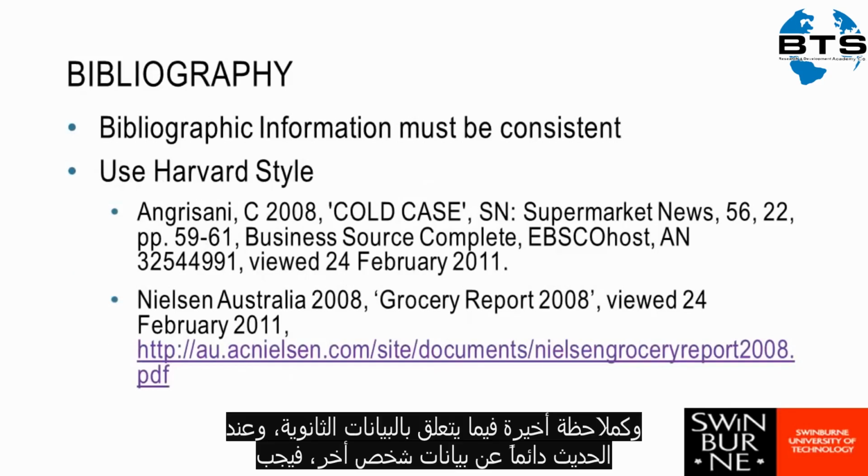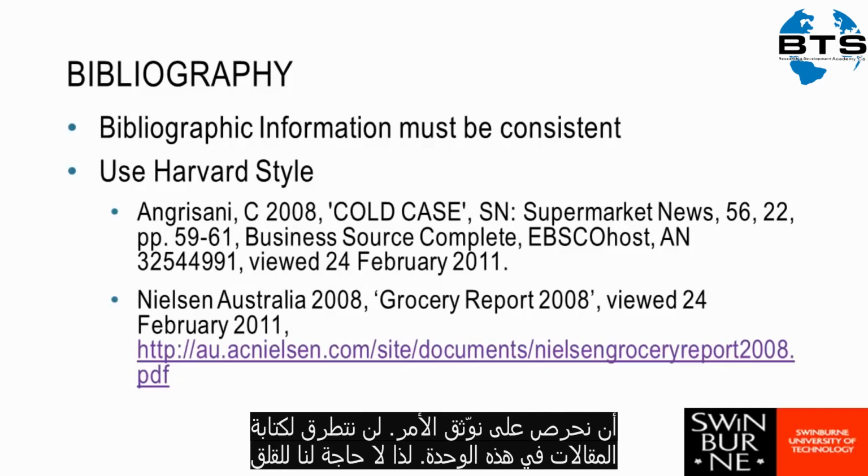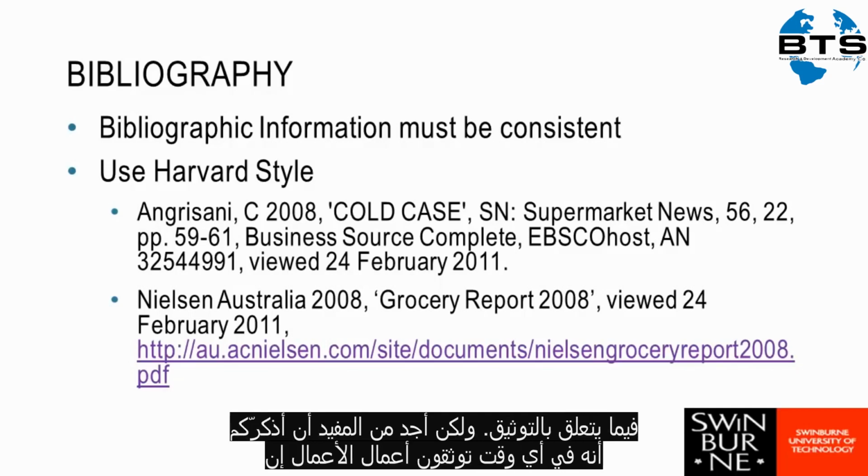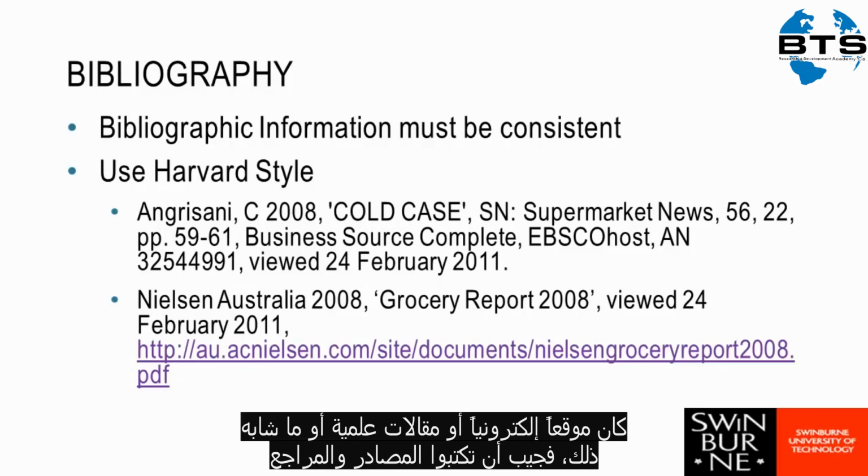Okay, so one final note when we're thinking about our secondary data, anytime we are talking about someone else's data, we should be making sure that we reference it. In this unit, we are not writing essays, so we don't really need to worry too much about referencing, but I thought it was a good place to remind you that anytime you are referencing other people's work, whether it be websites, journal articles, anything like that, you should be providing a bibliography or a references section.